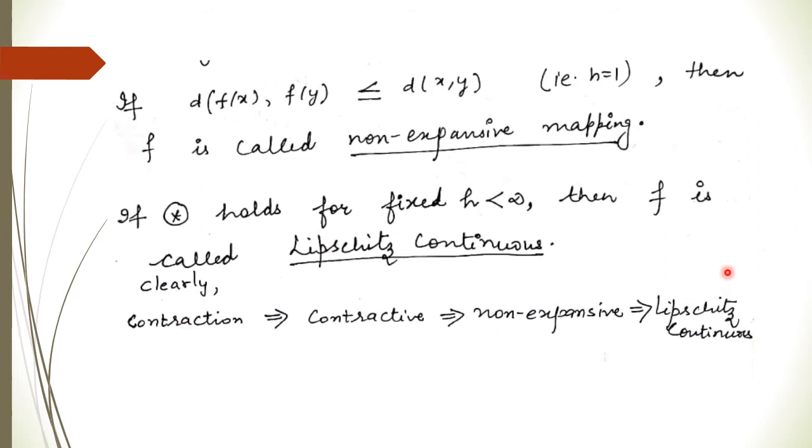Every Lipschitz continuous mapping need not be non-expansive, contractive, or a contraction. This is obvious: if you take h to be 2 in star, then that is Lipschitz continuous, but it is not non-expansive, contractive, or a contraction. So this is the relation between contraction, strict contractive, and non-expansive mappings.